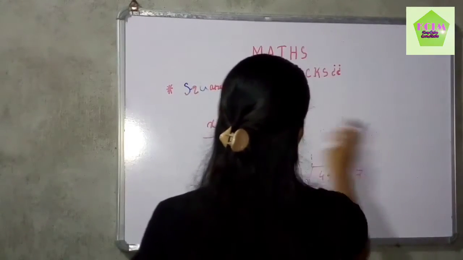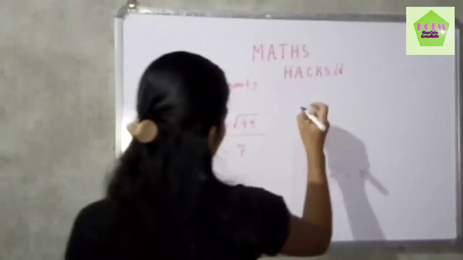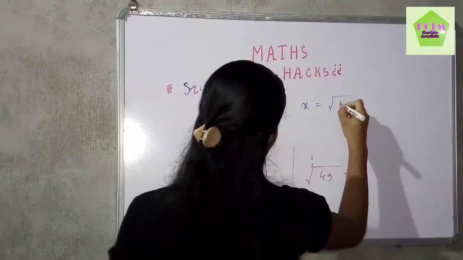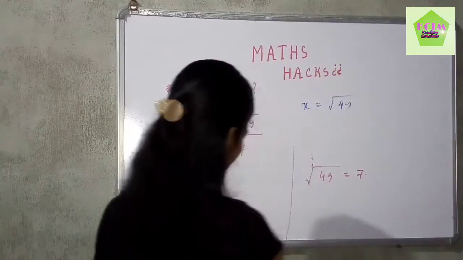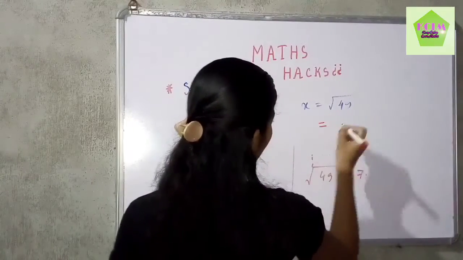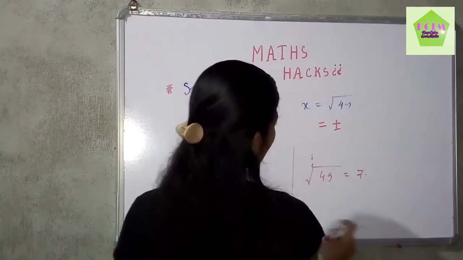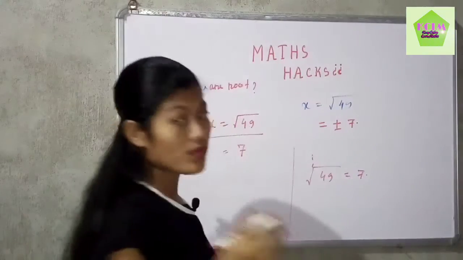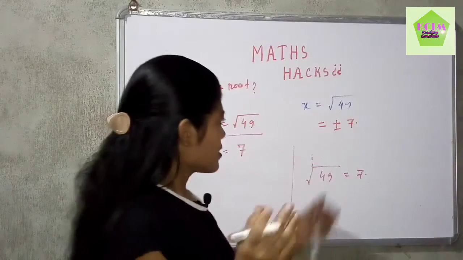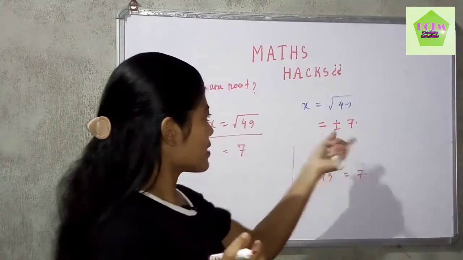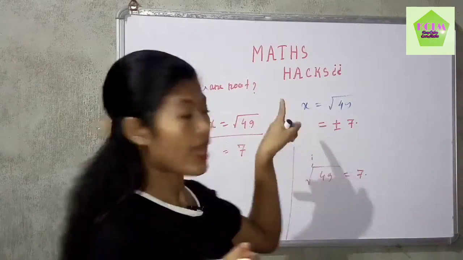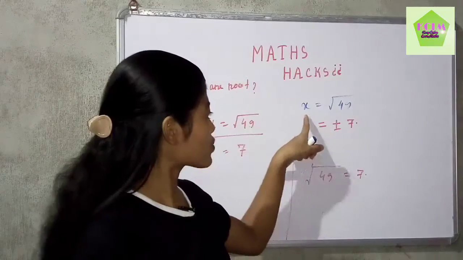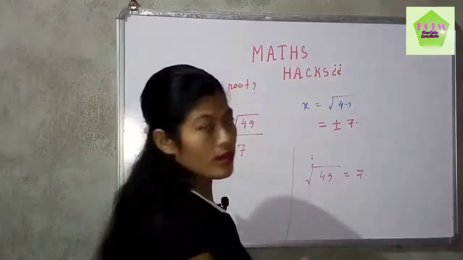some of you think that whenever x is given as root over 49, then the value will be with the plus minus sign, plus minus 7. Some of you or everybody makes this mistake: whenever we are given x equal root over 49, they think that x will be equal to plus minus 7.